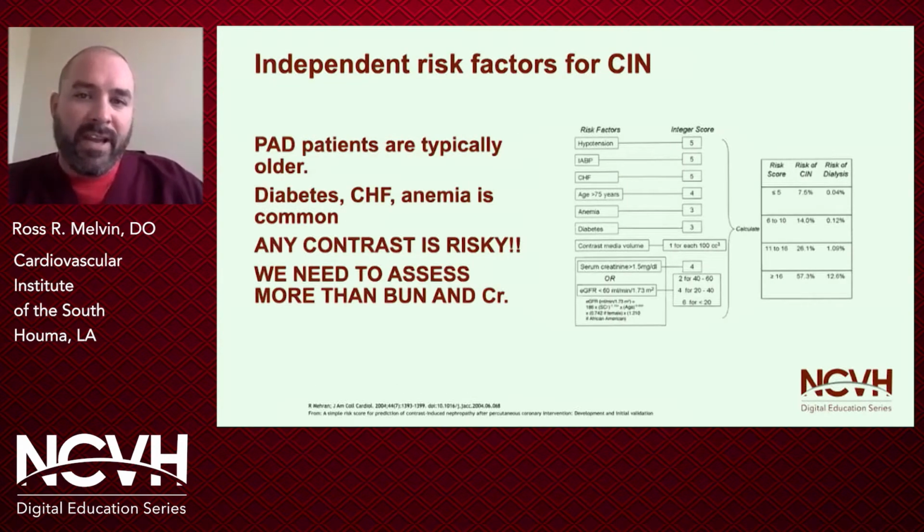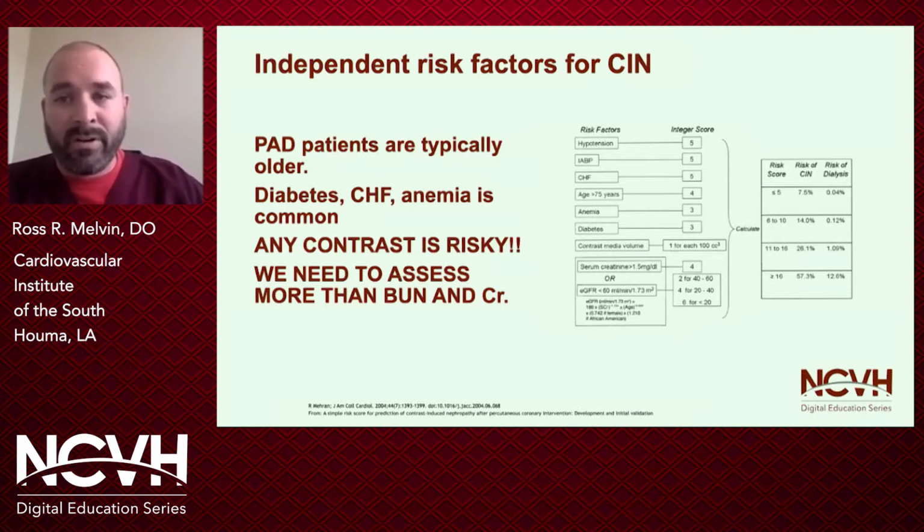So looking at a risk factor prediction score for patients that could get CIN as a result of the use of contrast in the procedure. You look at different risk factors, and typically the majority of the patients that we're going to be seeing are going to be older patients, greater than 75 years of age.